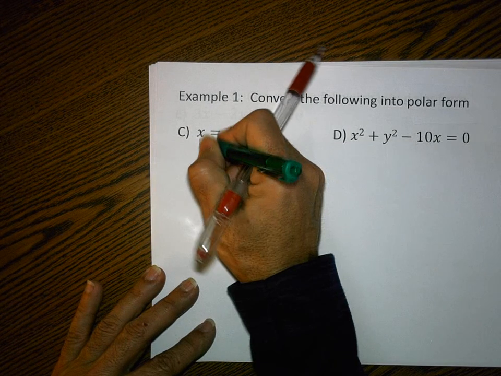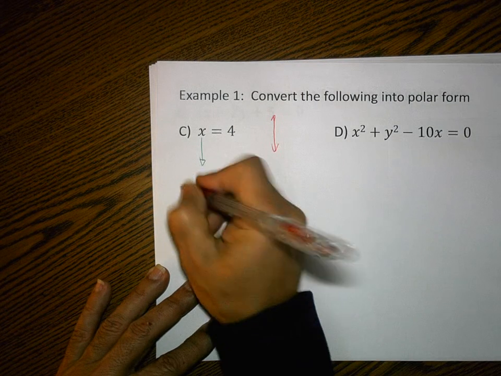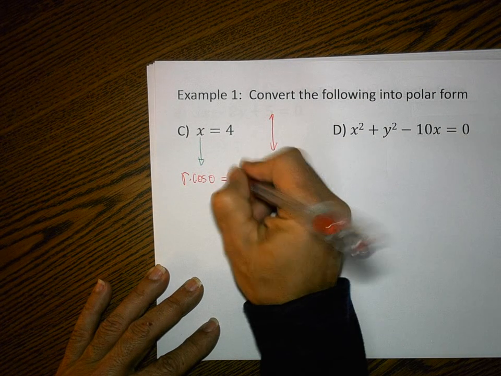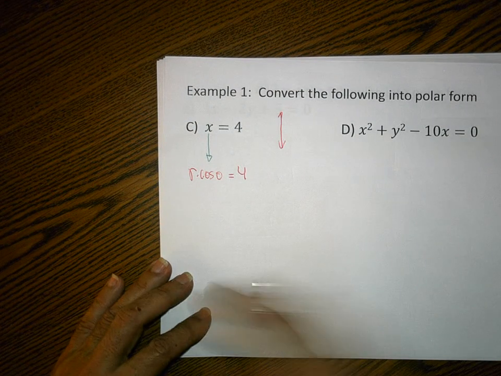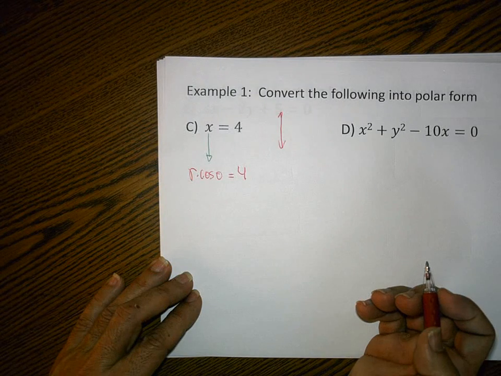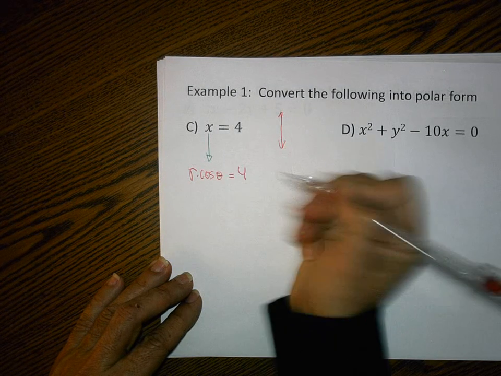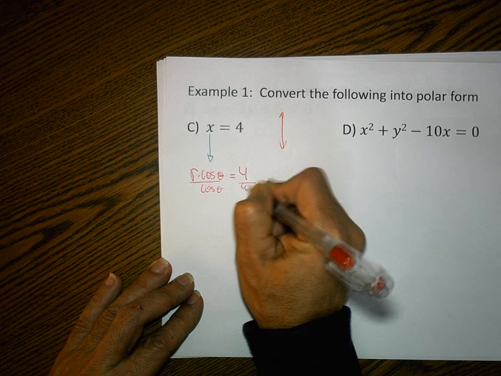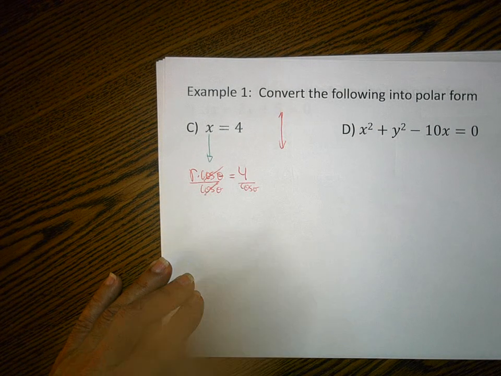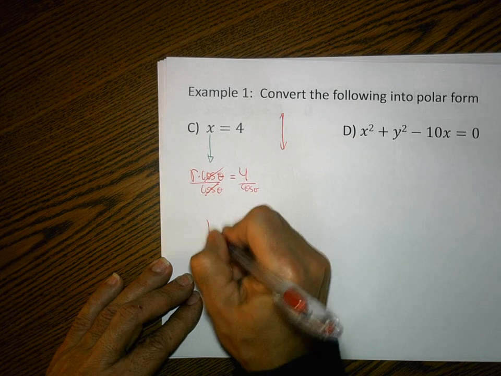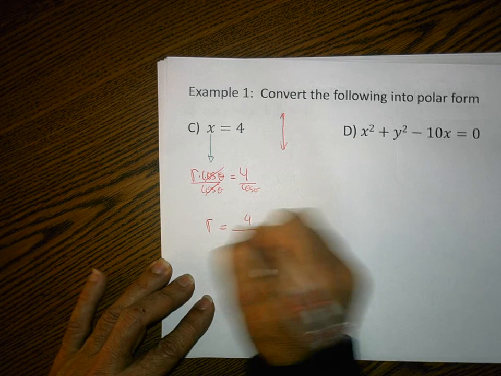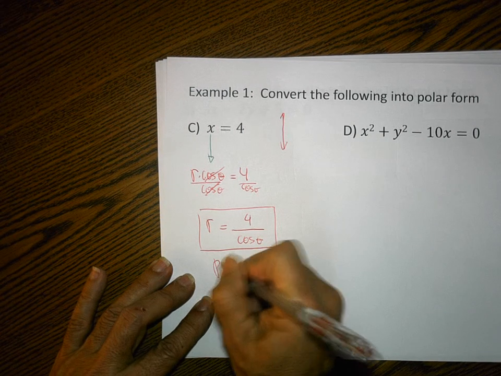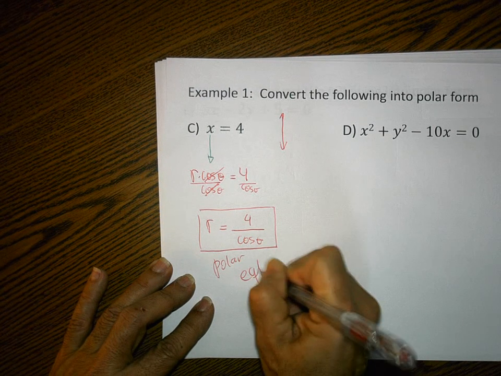Just like we did with the y, we substitute and get r times cosine of theta equals 4. Obviously, I'm going to divide both sides by cosine of theta, so I can have my r by itself. It will reduce on the left, and we're going to get r equals 4 over the cosine of theta. And that is our polar equation. Okay?